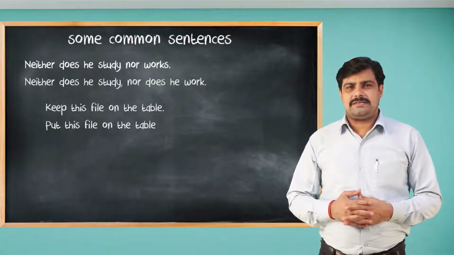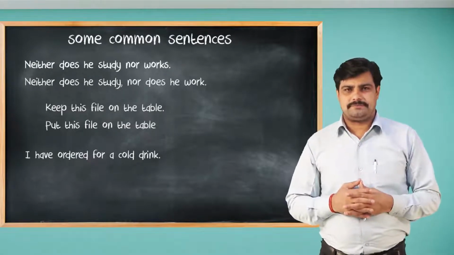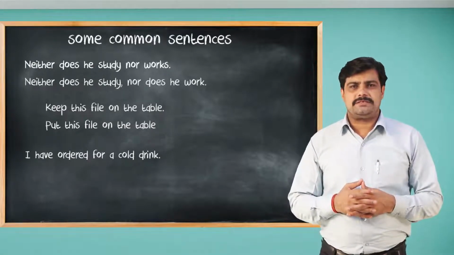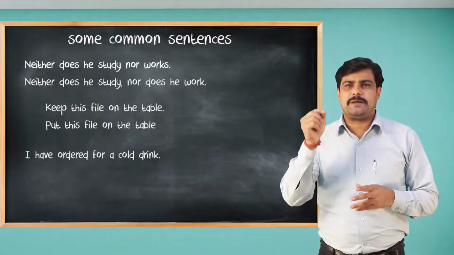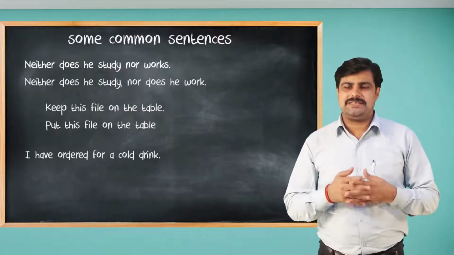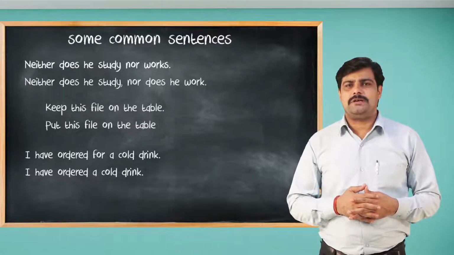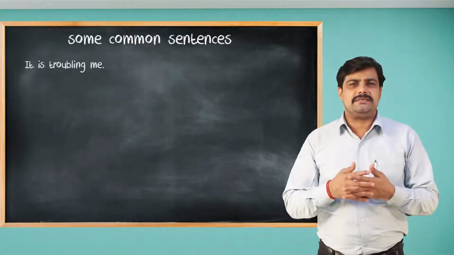Let's take another sentence. "I have ordered for a cold drink." Now in this sentence, the verb order never requires a preposition after it. So remove "for" and say the sentence, "I have ordered a cold drink." Another sentence you see, "It is troubling me."